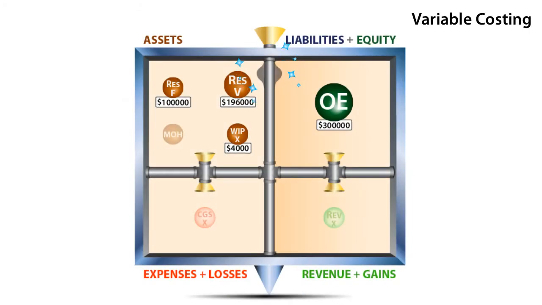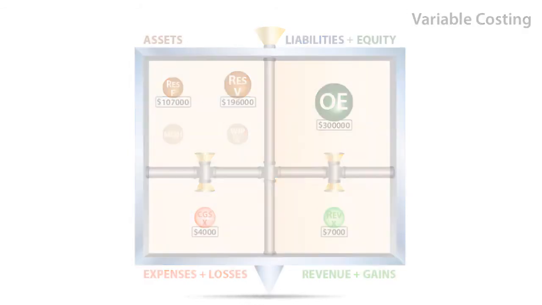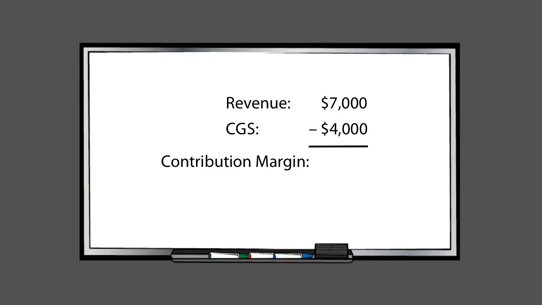Now, when we do sell those shirts for $7 each, we record revenue of $7,000, and we also record cost of goods sold at $4,000. So our income reported for this job is $3,000.